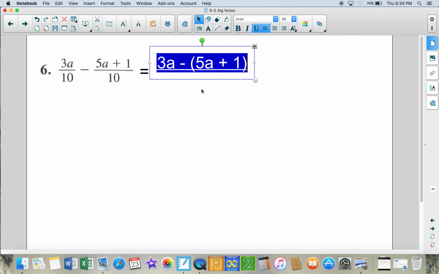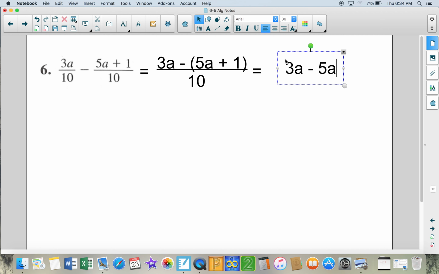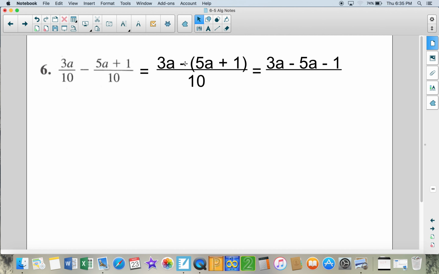The tricky part of this is we have to distribute that negative. Since this negative is outside this term, it affects both of the terms in the numerator. So my numerator is going to become 3a minus 5a minus 1. We distribute the negative to 5a and the negative to positive 1, over 10.